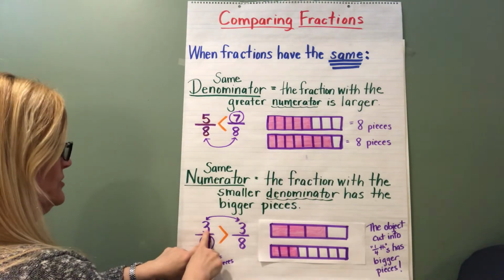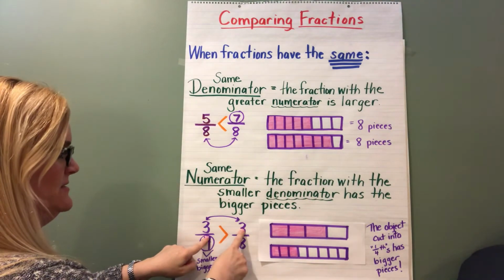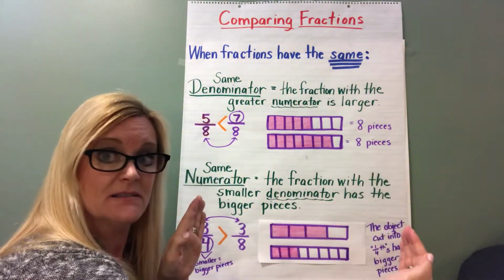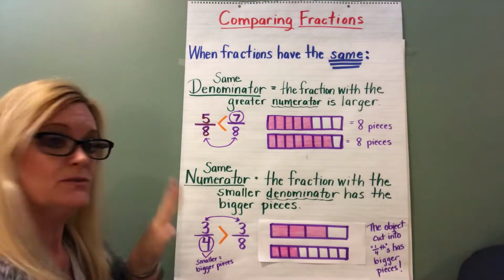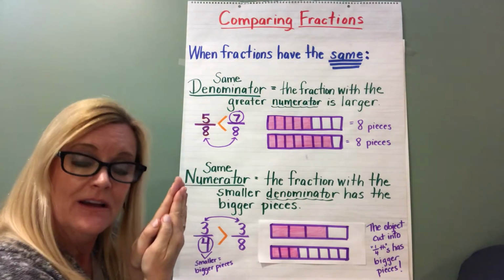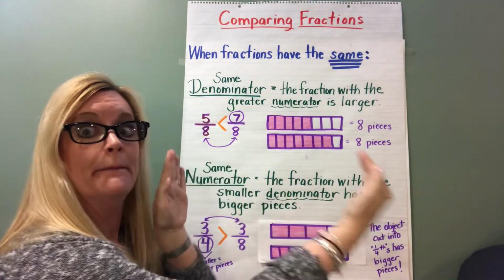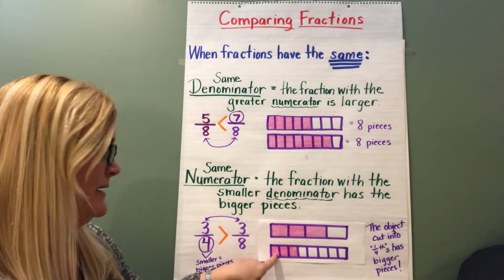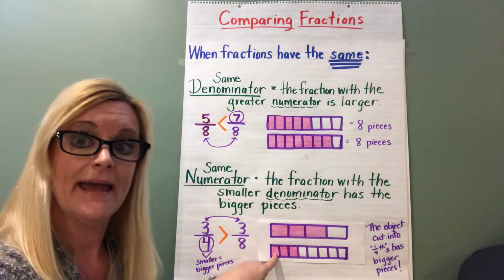Or if we're talking about the same amount of pieces, then we have to think about the size of those pieces. And remember, fractions with a smaller denominator have pieces that are bigger, because with unit fractions, 1/4 would be bigger than 1/8.